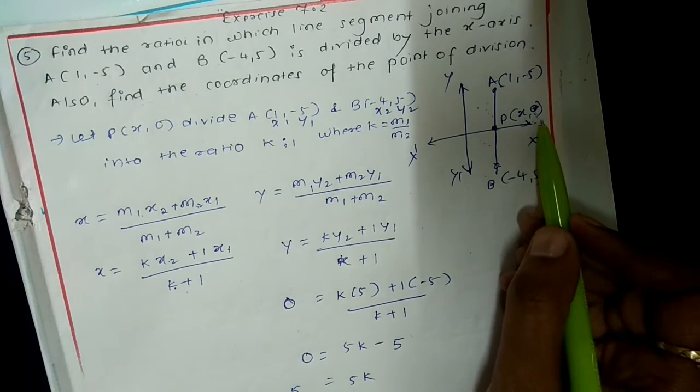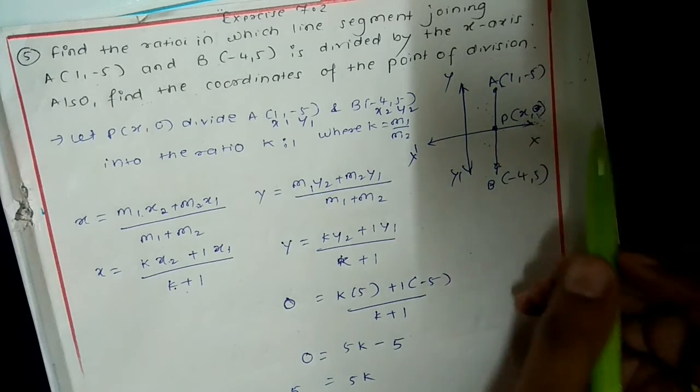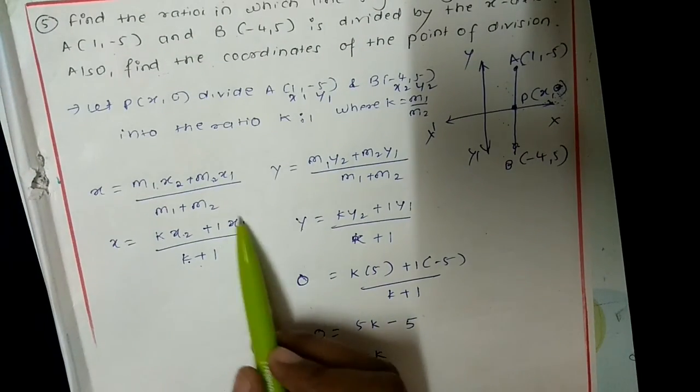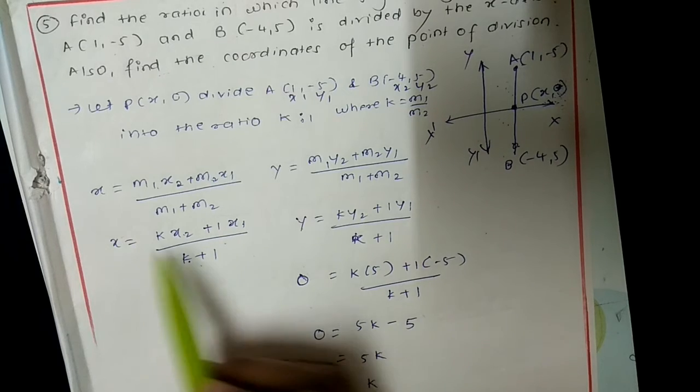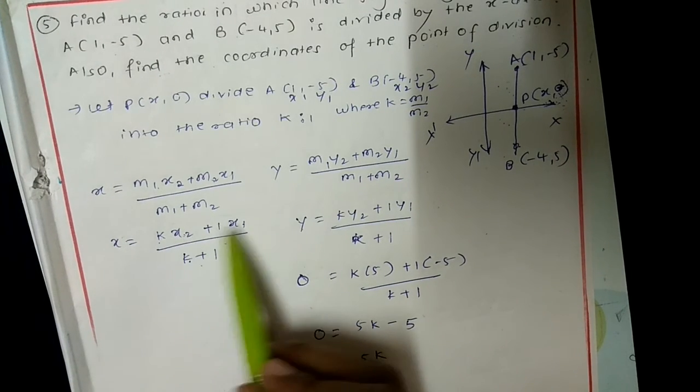Now also find the coordinates of the point of division. The point of division is P (x, 0), and on the x-axis y will be 0. You have to find the value of x. To find x, we are going to use this section formula, because we have the value of k, that we got 1, and x1 and x2 we have.